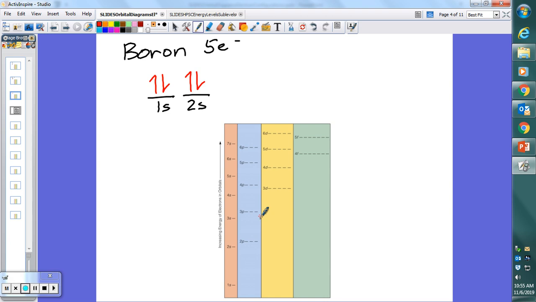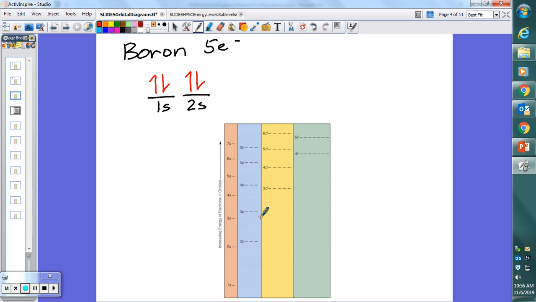So, we said we read this chart from bottom to top. As we go up from the bottom, what's the next lowest orbitals that we run into? 2p. Now, if we look on this chart, or if we remember from our picture before, how many 2p orbitals are there? 3.